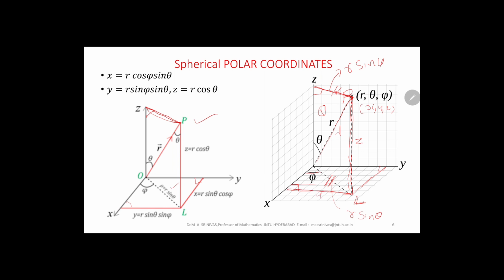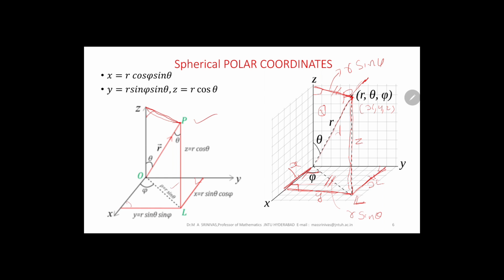Therefore, this length is your y. The projection of this point on the yz plane is your x. Therefore, this is your x. Because this is x and this is also x, this is also x. So this is x, this is y, and this is your z.